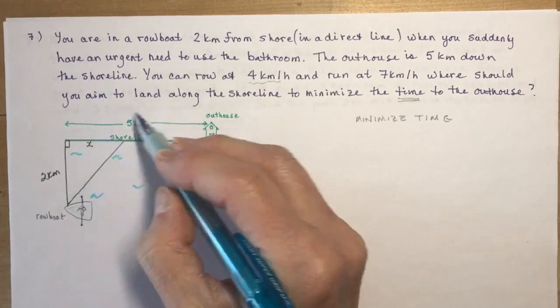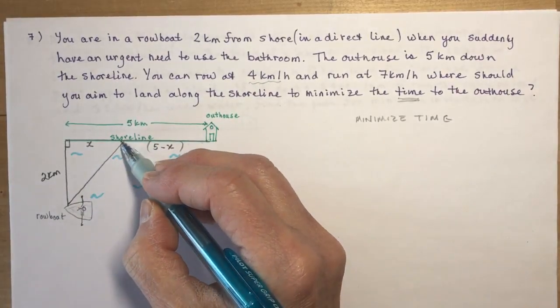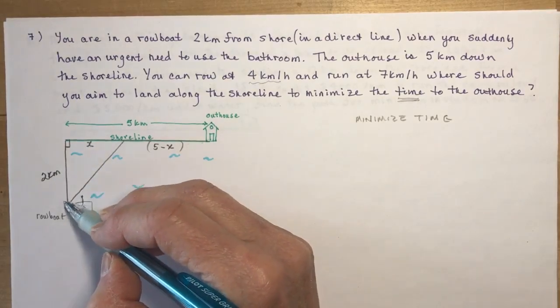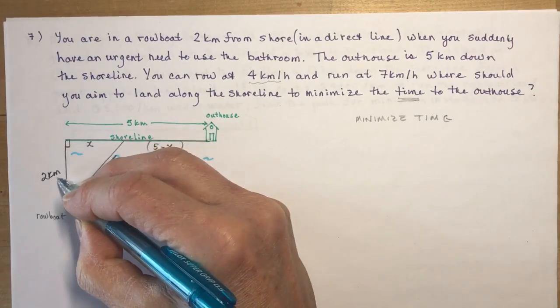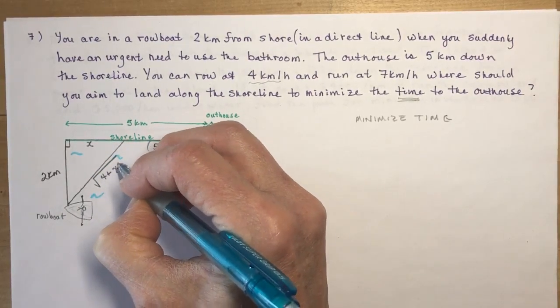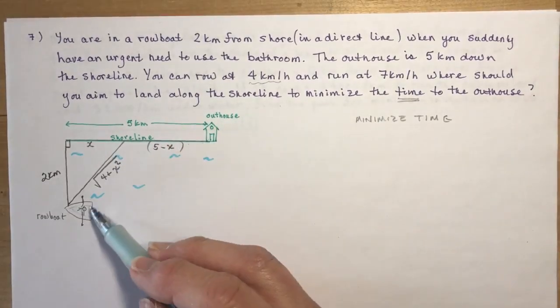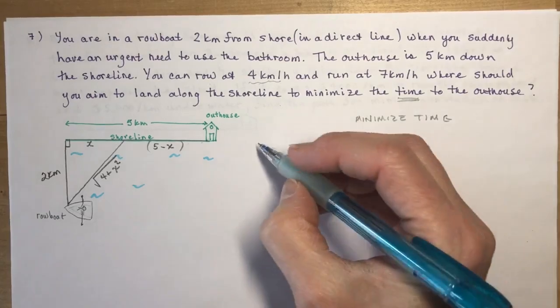So if this is x and this is 5 minus x. And this length here, you can figure out using Pythagorean theorem. So this is going to be the square root of 2 squared plus x squared, or 4 plus x squared. Okay, so now I've got my diagram set up, and I want to minimize time.